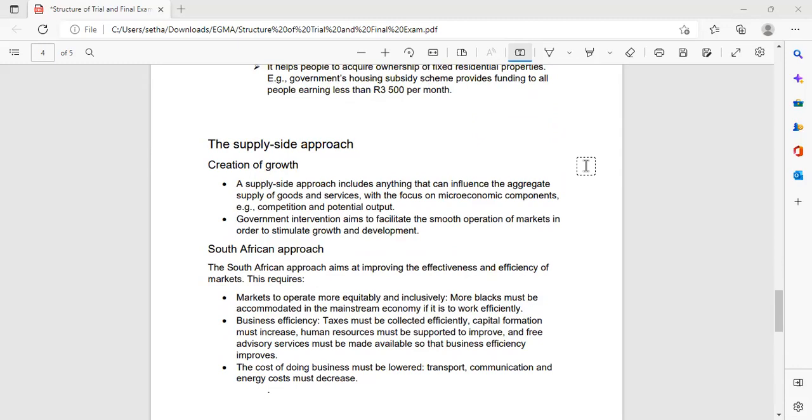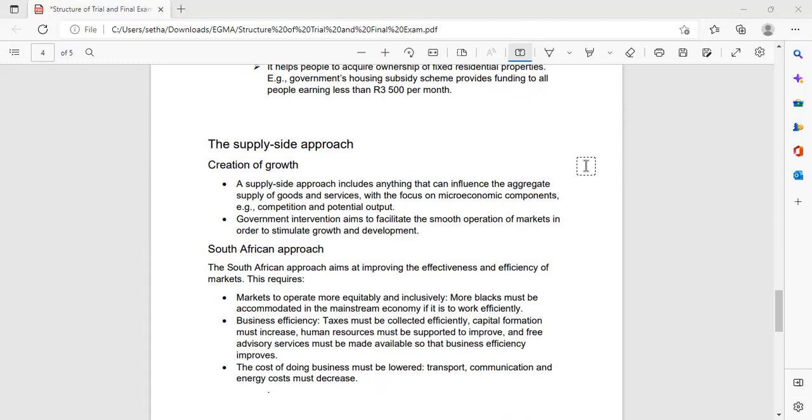A supply side approach includes everything that can influence the supply of goods and services with the focus on the economic components, for example, competition and potential output.